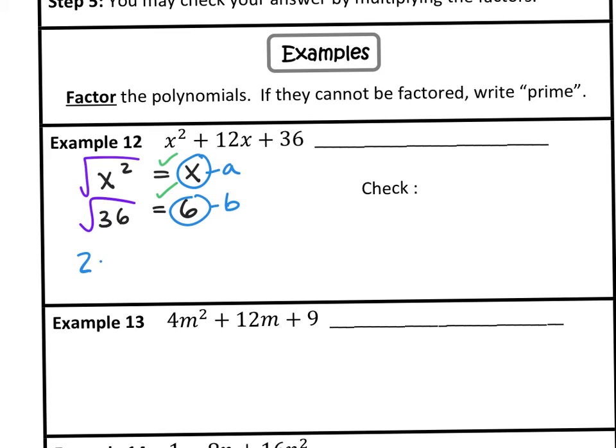And so I want to check, what do I get if I multiply 2 times A times B? So 2 times x times 6. 2 times x is 2x. 2x times 6 is 12x.